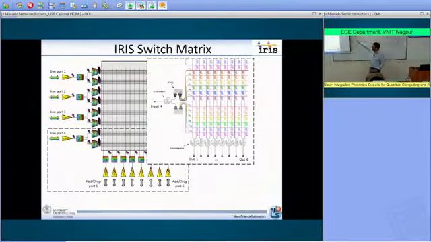And notice here that we have two demultiplexers, one for the odd wavelengths and the other for the even wavelengths. This function to separate the even from the odd wavelengths is performed by the interleaver. So the interleaver is a component that is able to separate the even from the odd wavelengths. And then we have the demultiplexer, which channels the different wavelengths along the appropriate rows.